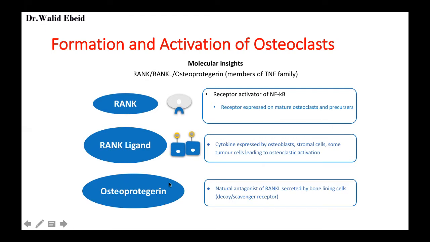Osteoprotegerin, on the other hand, is a protein produced by the osteocytes and bone lining cells that prevents the rank ligand from locking into the rank, thus disrupting the bone resorption cycle.